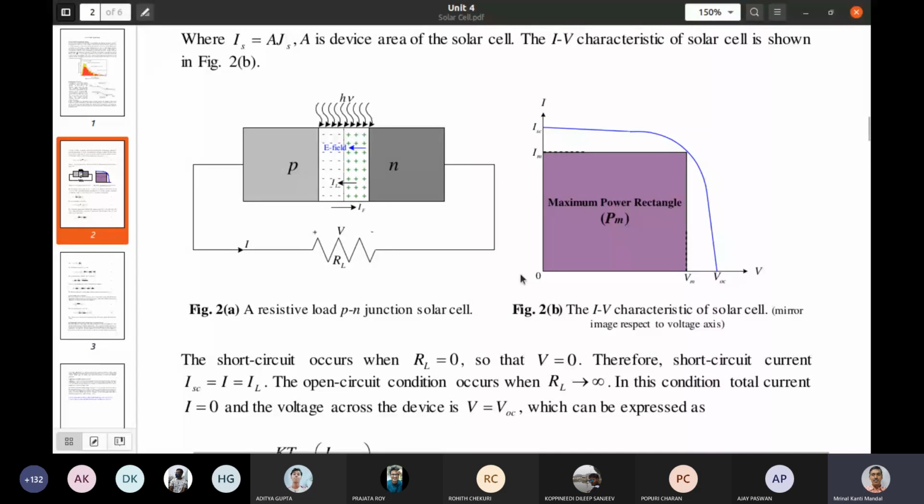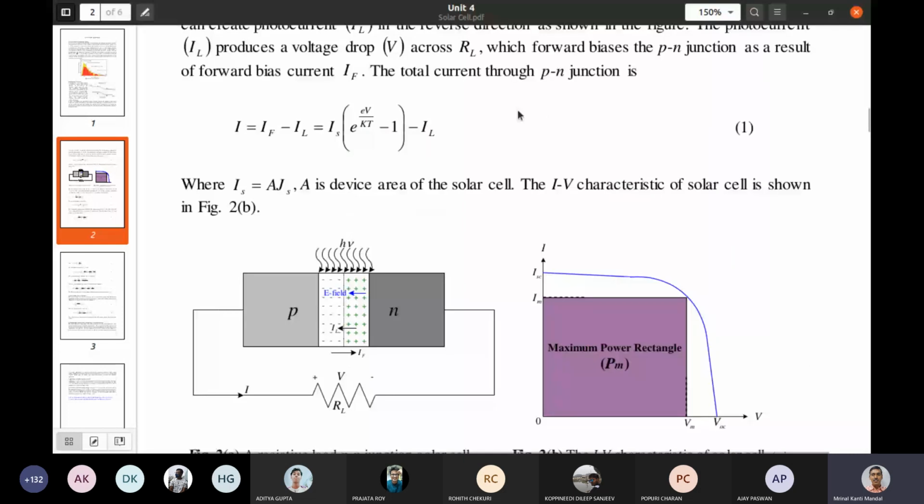And this is the maximum current, this is the maximum voltage, this is the open circuit voltage, and this is the short circuit current. So the expression of current is this. From this current expression, we can calculate the open circuit voltage, short circuit current, all those things.